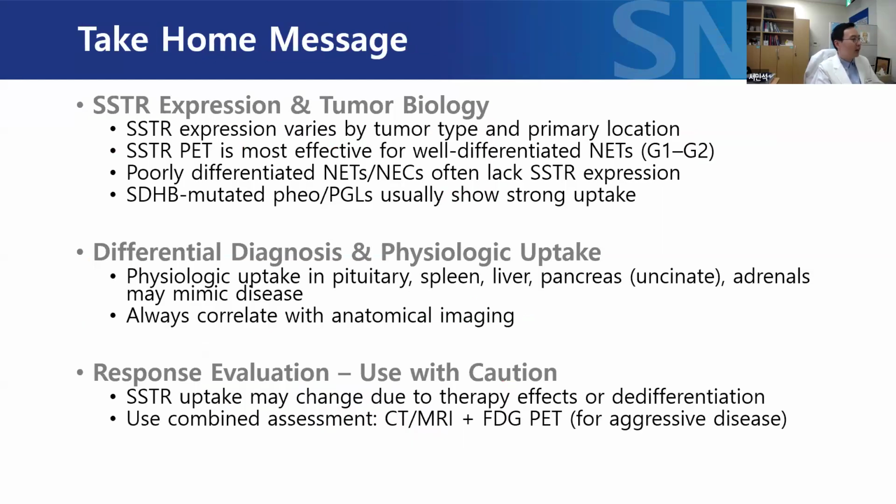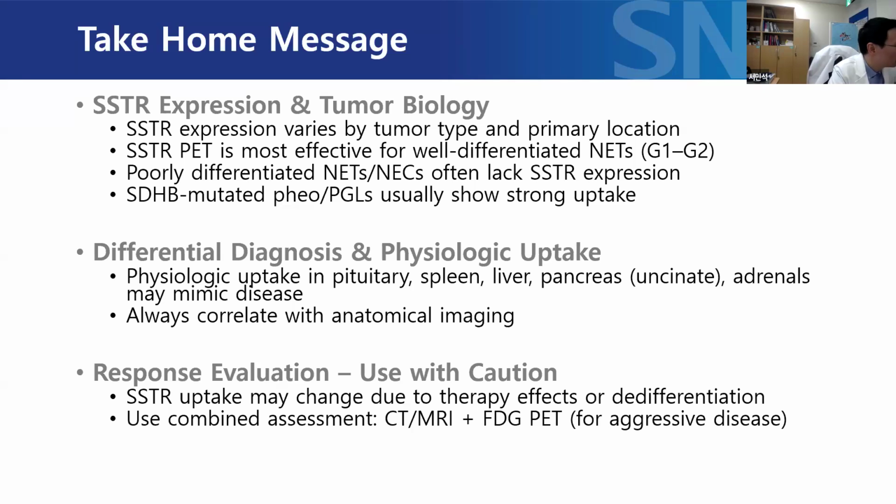So lastly, as we have discussed, the somatostatin receptor PET is widely used in the neuroendocrine tumors. However, the SSTR expression can vary by tumor type and the primary location. And SSTR PET is most effective for the well-differentiated neuroendocrine tumor.